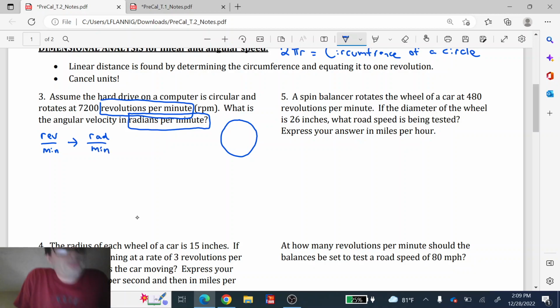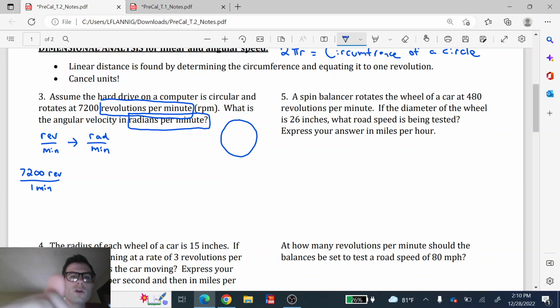That is our goal. So the way you can do that is by canceling out the units that we don't want. So we start with 7,200 revolutions per 1 minute. Okay, that's great. We want to multiply that by the amount of radians it takes to do 1 revolution.